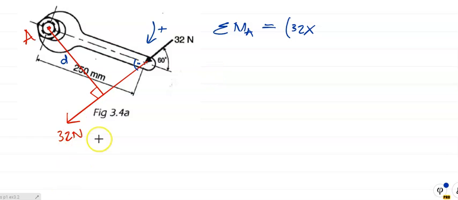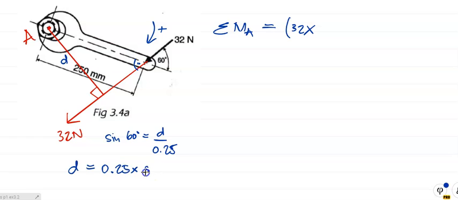Right, let's do the trigonometry. So what is it going to be? The sine of 60 degrees is equal to small d over the hypotenuse, which is 0.25. So therefore, d is equal to 0.25 times the sine of 60 degrees.